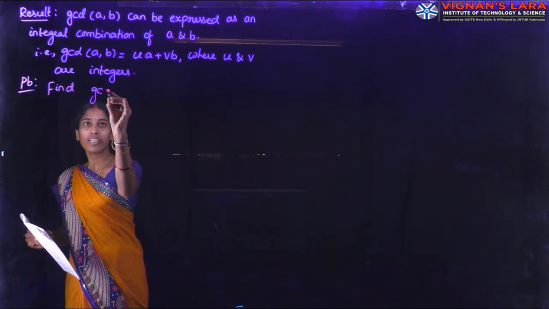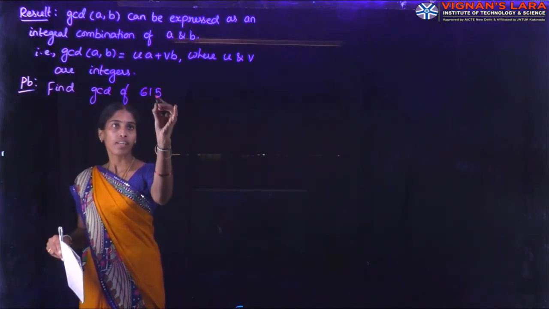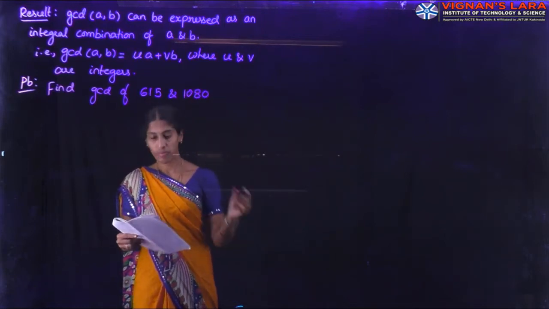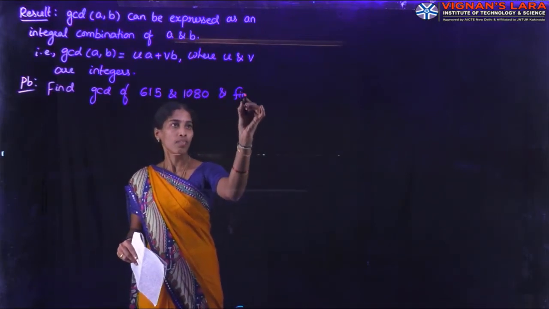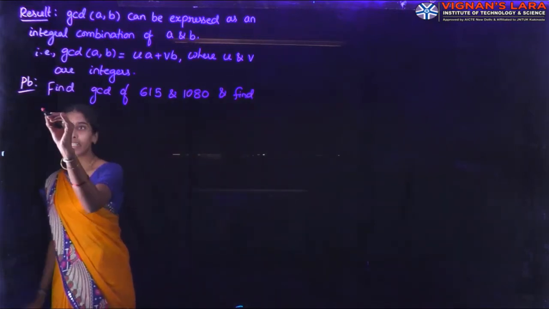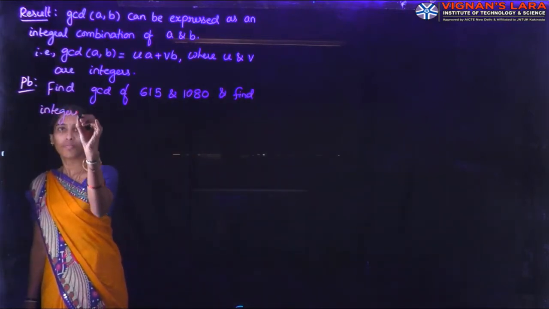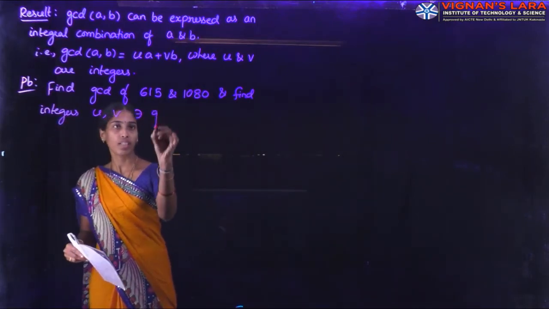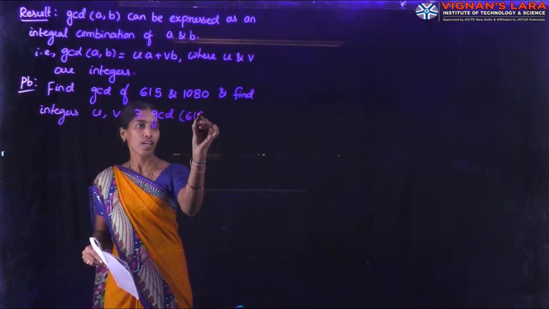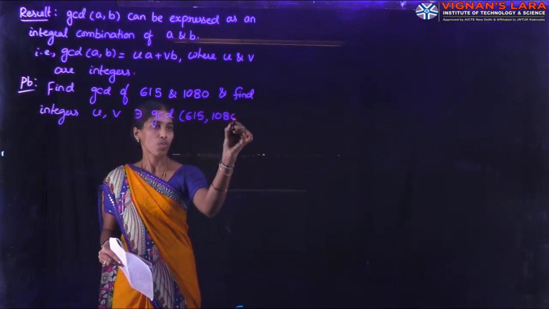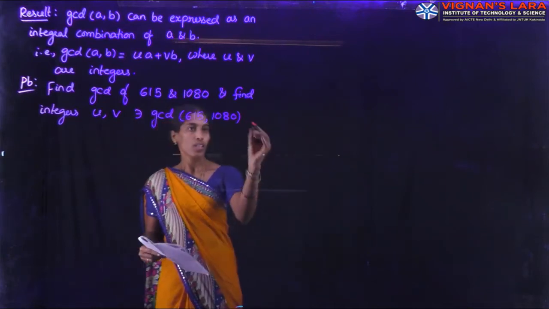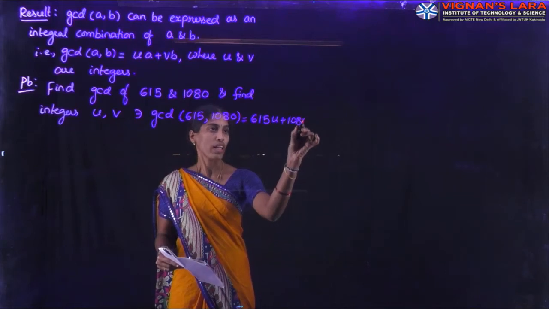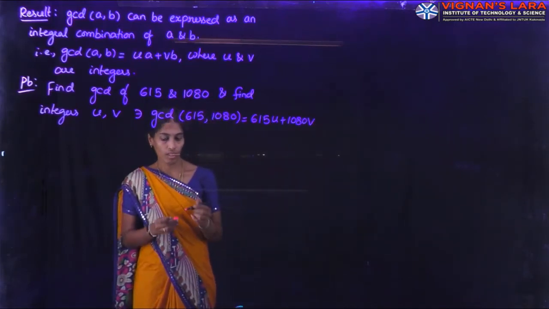Find GCD of 615 and 1080 and find integers U comma V such that GCD of 615 comma 1080 is equal to 615U plus 1080V, right?